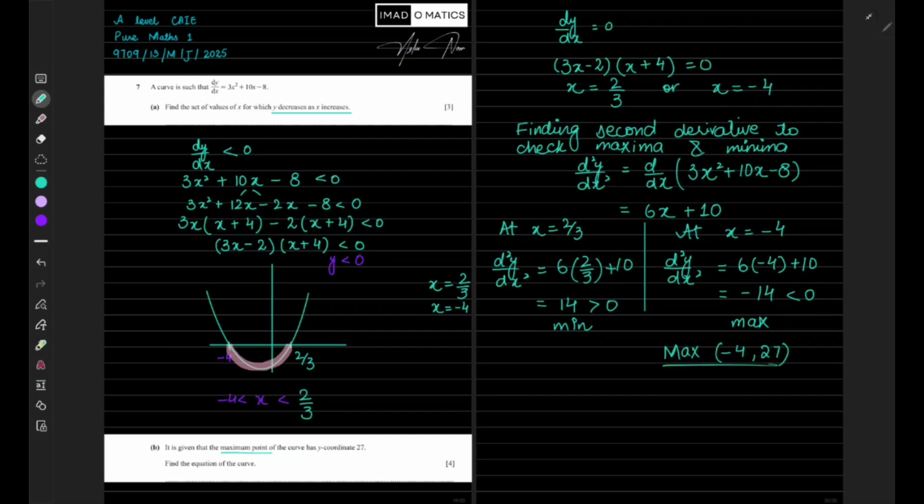Now we need to find the equation of the curve, and we have derivatives, so we have to integrate.